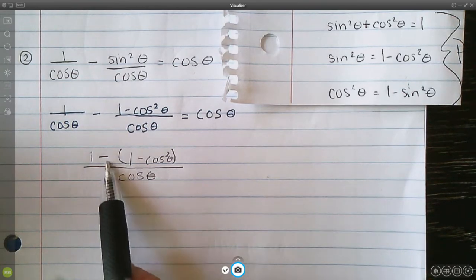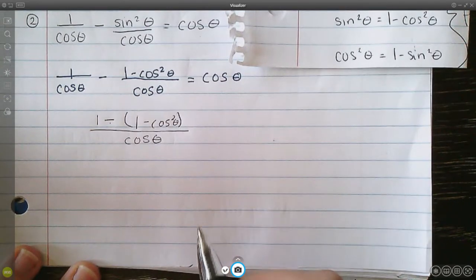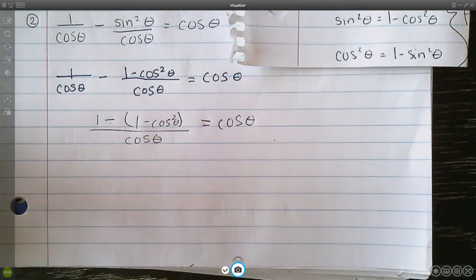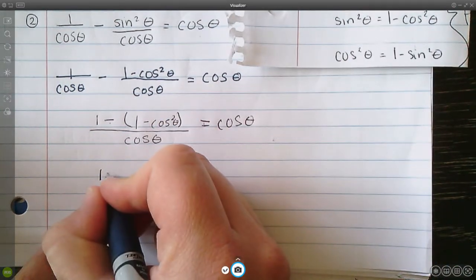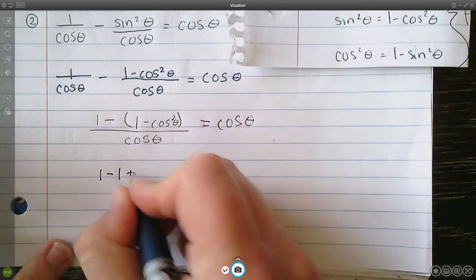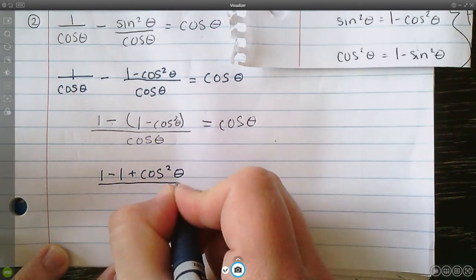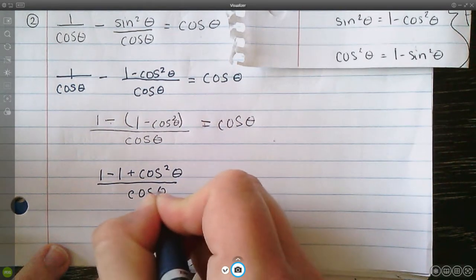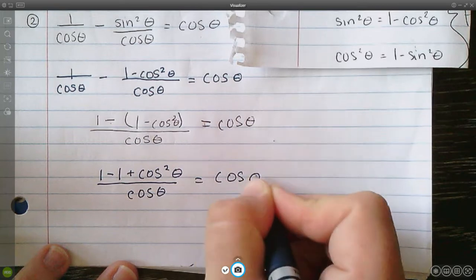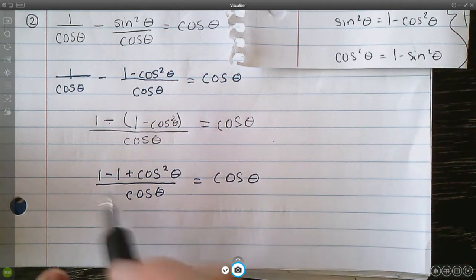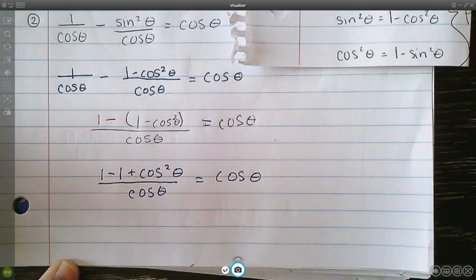Okay, so now we can distribute this negative. So let me rewrite that. If we distribute this negative, we get 1 minus 1 plus cosine squared theta over cosine theta equals cosine theta. Okay, so then we have 1 minus 1, which is 0.